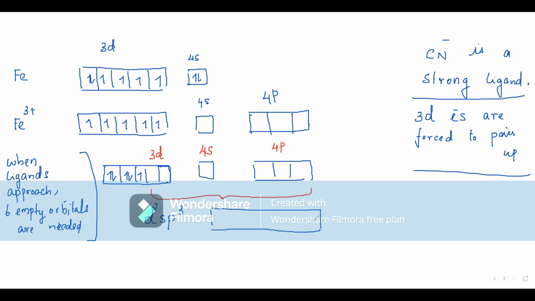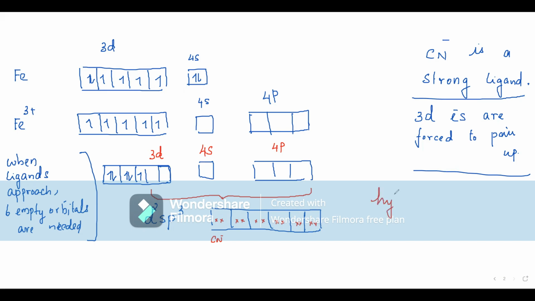What is hybridization actually? Intermixing of atomic orbitals of comparable energy to form an equal number of hybridized orbitals. 1, 2, 3, 4, 5, and 6. So 6 orbitals are combining and you will get 6 hybridized orbitals. Each of these orbitals will receive a pair of electrons from the cyanides. 6 cyanides are there and 6 orbitals are there, so each orbital will receive a pair of electrons.